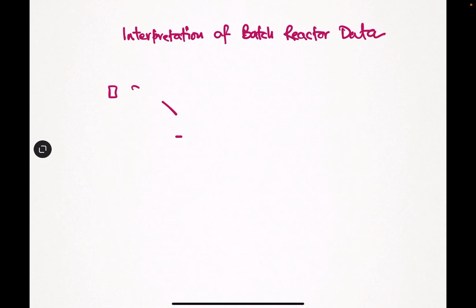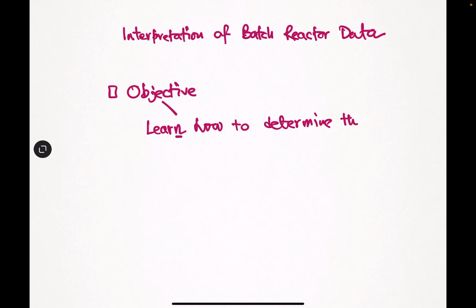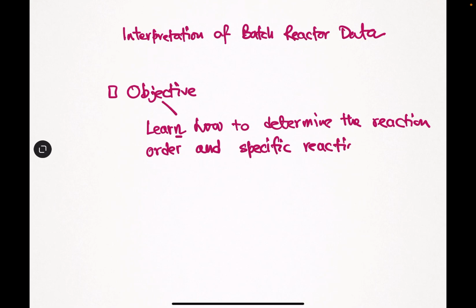So the objective of this chapter: we'll learn how to determine the reaction order and rate constant, or also we call it the specific reaction rate, from experimental data.